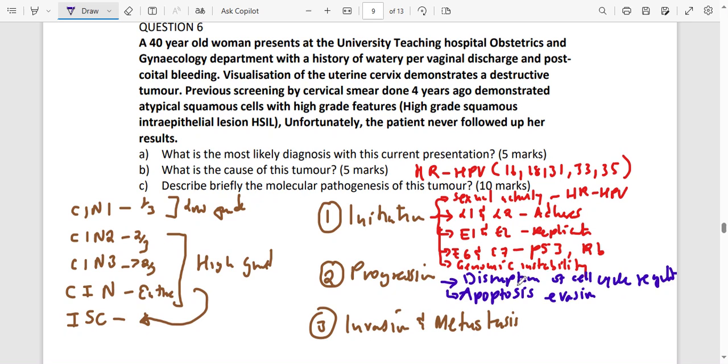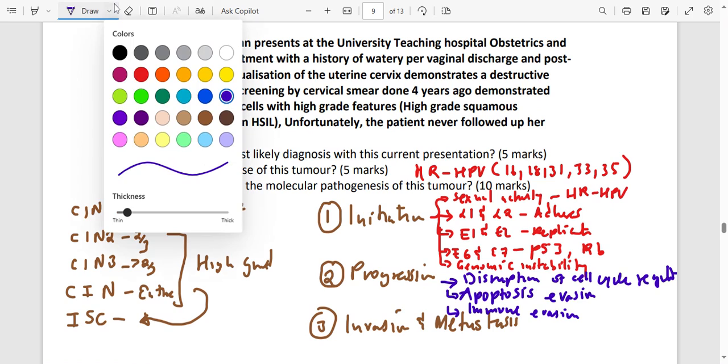So there's going to be resistance of apoptosis, programmed cell death, because when the cells start uncontrollably dividing, they're supposed to be killed, but then they're going to be resisting that. Besides that, there is also going to be the evasion of the immune system, immune evasion, and this is going to result in downregulation of the immune system. The immune system is going to try all it can, but it can't do anything.